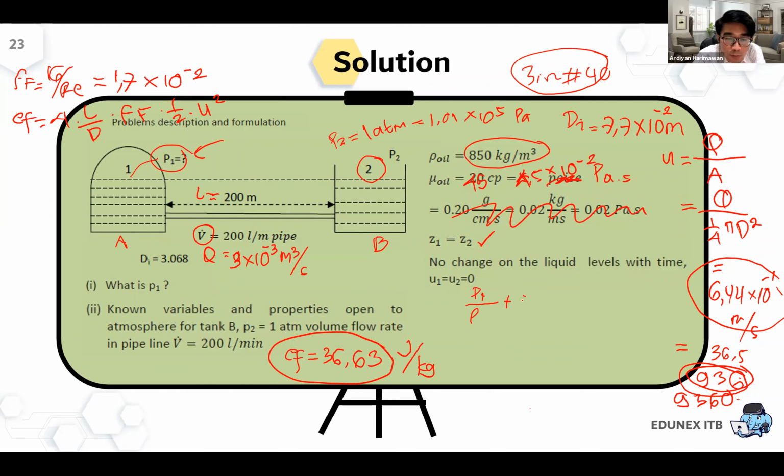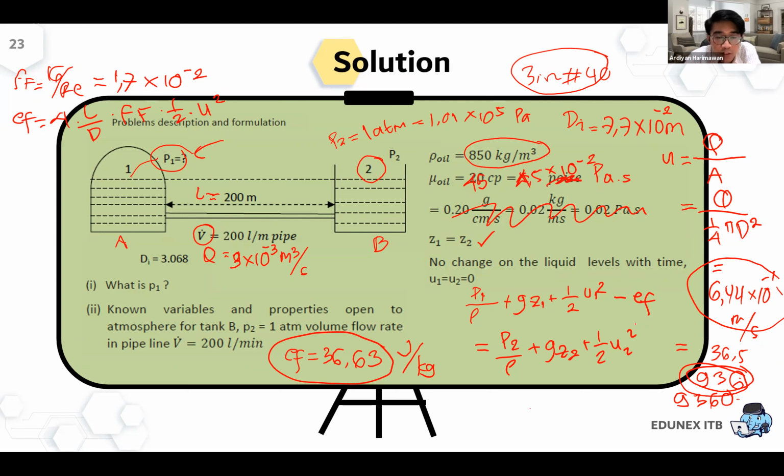In terms of specific energy, because you already calculated the EF, minus EF, equals... So if you are comparing between point 1 and point 2, the formulation of the Bernoulli equation should be like this in terms of specific energy.